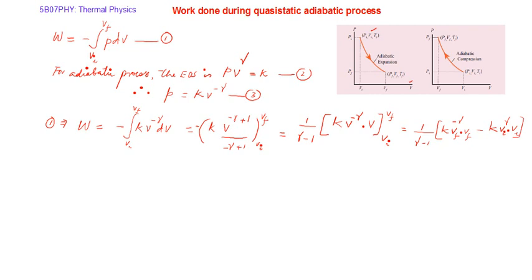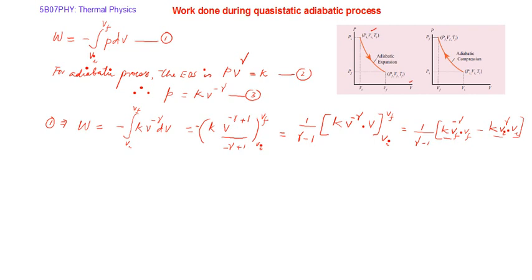Now this k v raised to minus gamma is equal to p, as per equation number 3. So what about the first term here? That will be Pf. And what about the second term over here? That will be Pi.